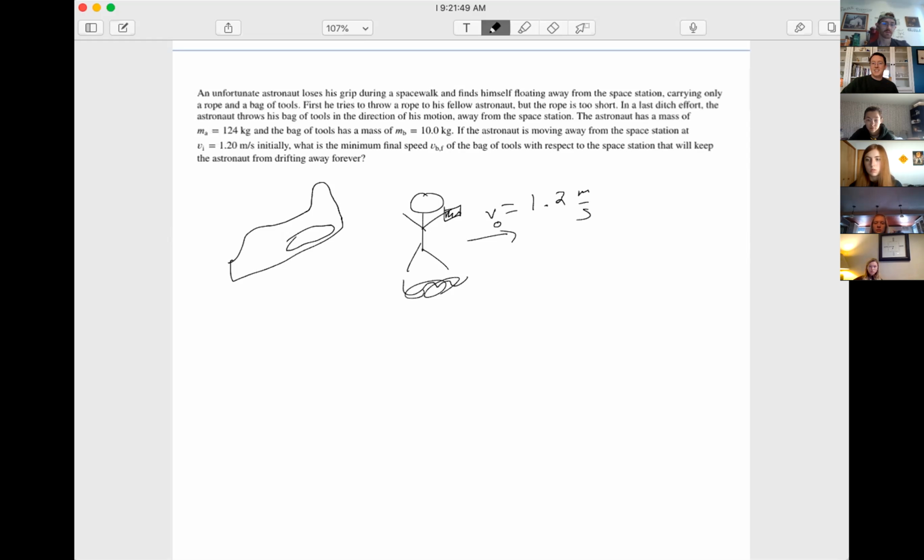No one wants to guess. All right. So what we want to do, it's kind of like the last problem. Rather than making the system be the astronaut by itself or the tools by themselves, we make the system be everything all told. So make the system the astronaut, so the person, and tools.